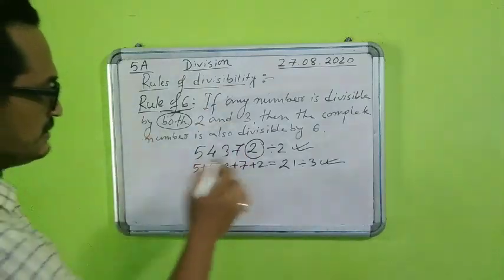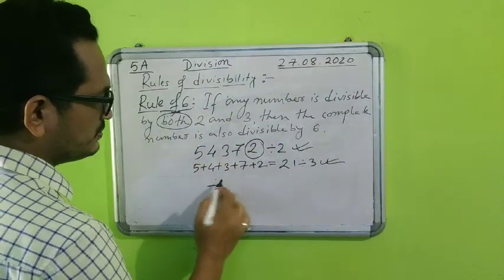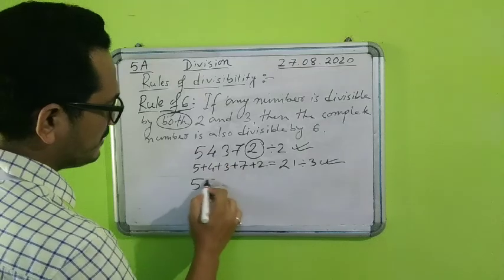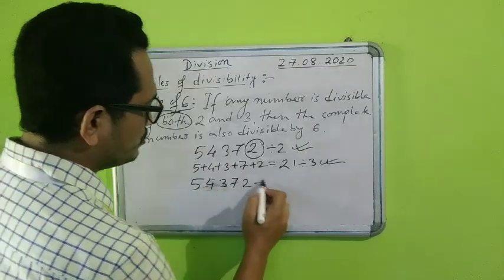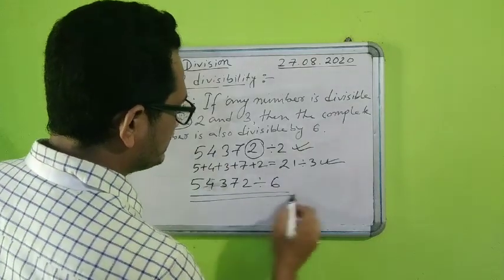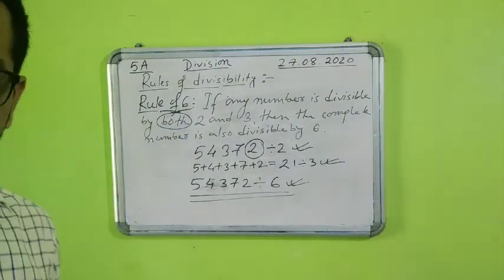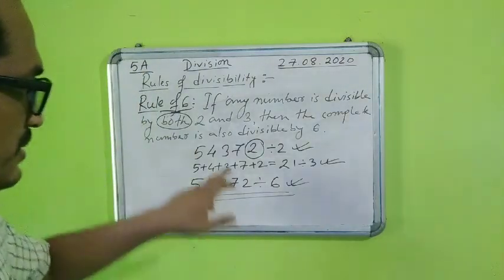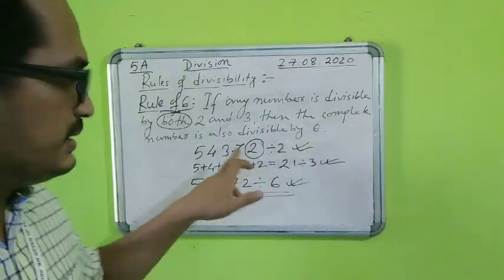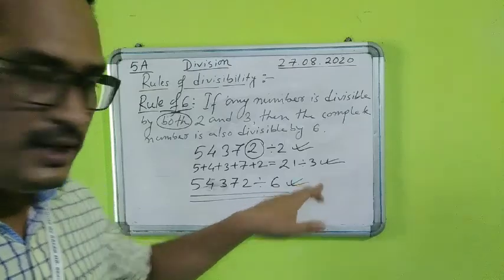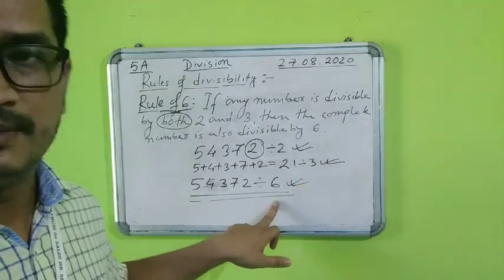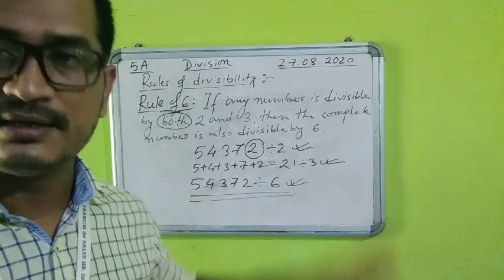In that case, this complete number will be divisible. That means this complete number 5, 4, 3, 7, 2 is also divisible by 6. Understood? That means this number should be divisible by 2, and also by 3, then the complete number will be divisible by 6. So that is the rule of 6.